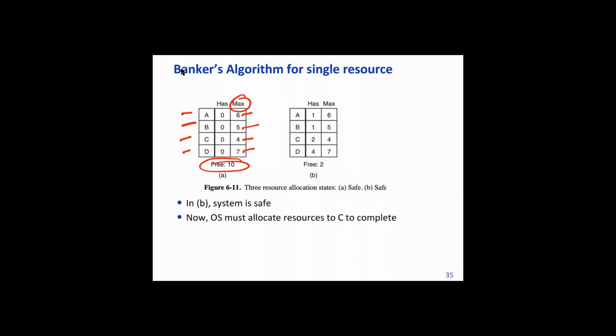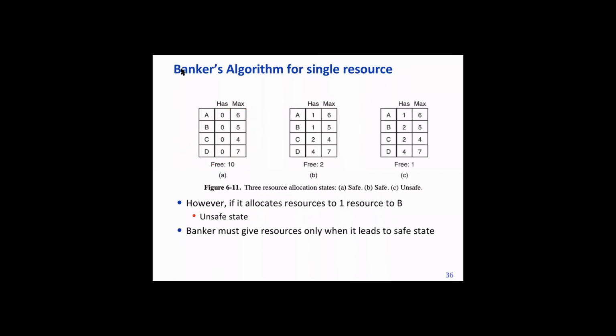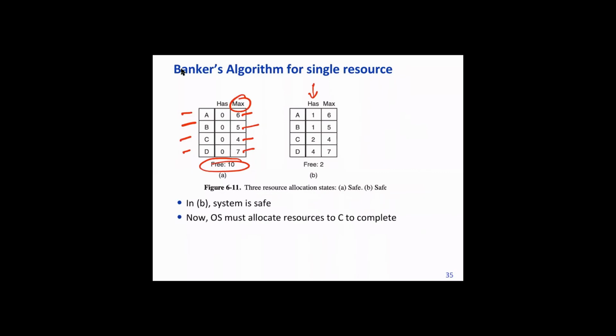Then let's assume that at a certain point in time, this is the state. It has granted resources in this way. Is it a safe state? Yes, it is a safe state, right?